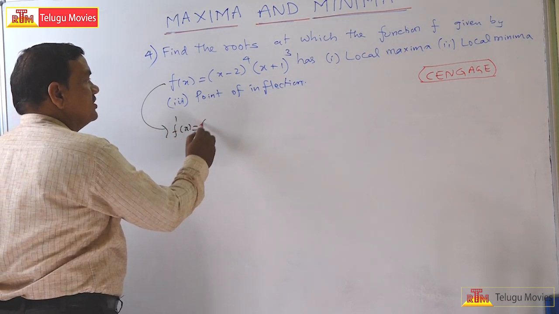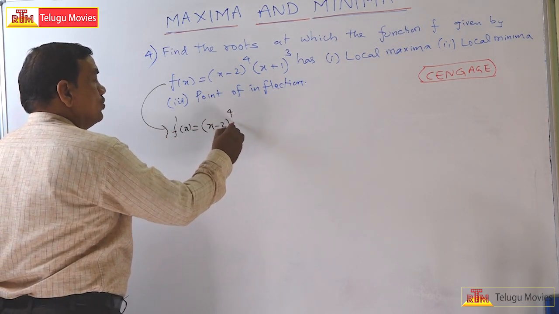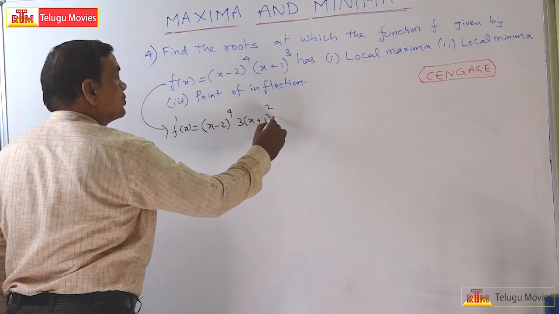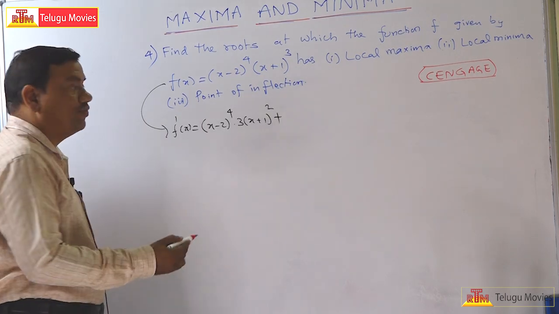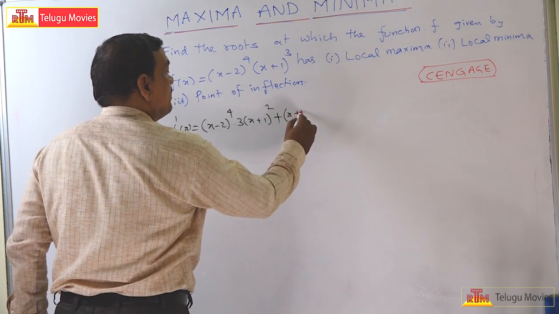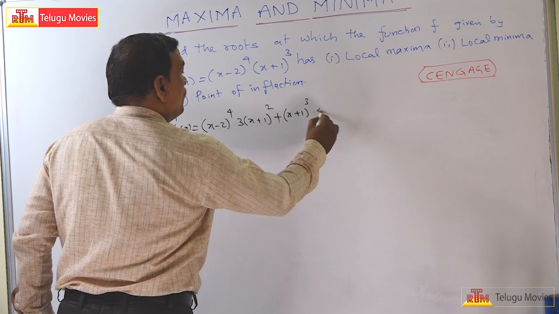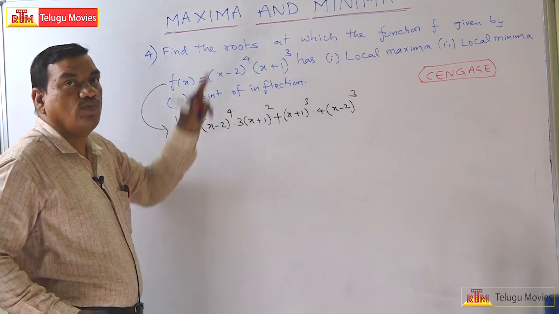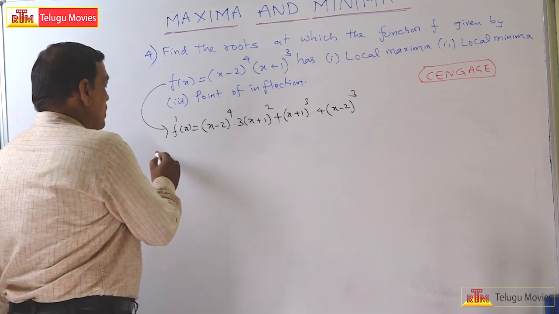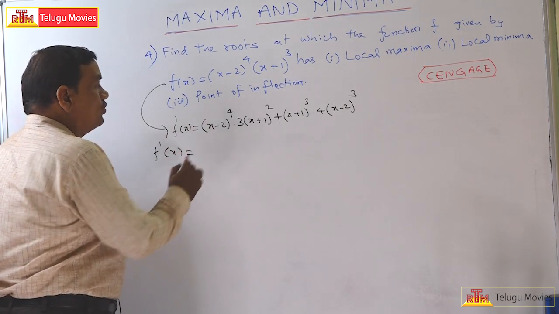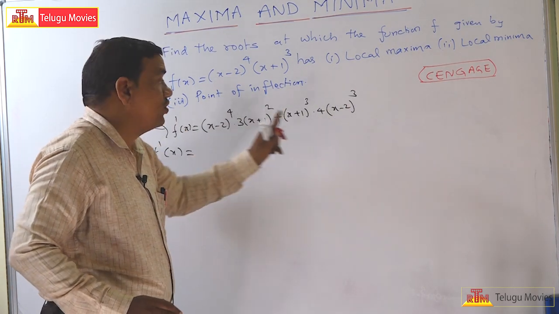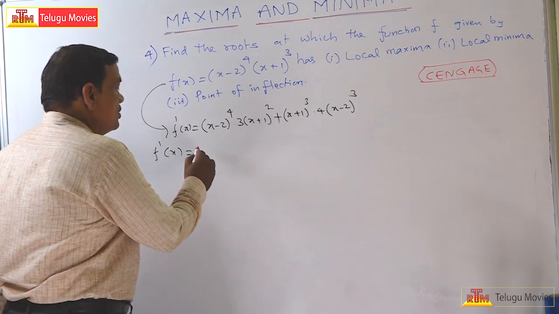F dash of x is equal to x minus 2 whole to the power of 4 into 3 times x plus 1 whole square. Okay, now u into v formula. Again x plus 1 whole cube into 4 times x minus 2 whole cube, the derivative of x minus 2 whole to the power of 4. Now f dash of x is equal to, can I take the maximum common factor here? x minus 2 whole to the power of 4 is there, here x minus 2 whole cube is there.